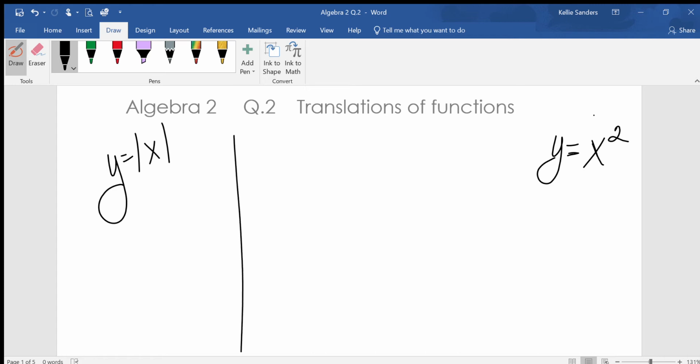If I asked you to graph y equals the absolute value of x, you might have graphed a few of these in Algebra 1. Okay?